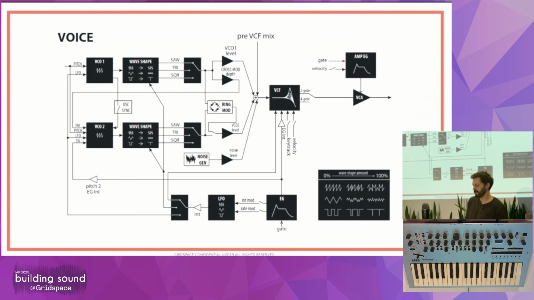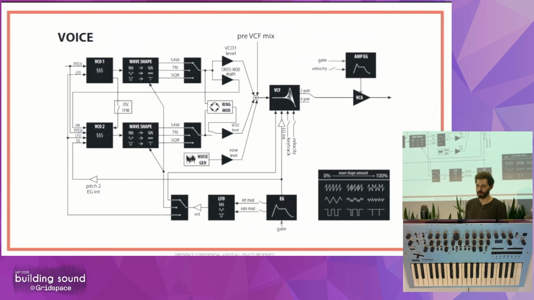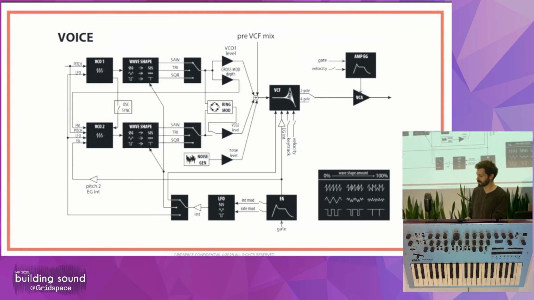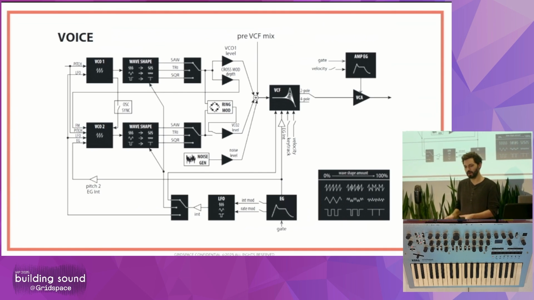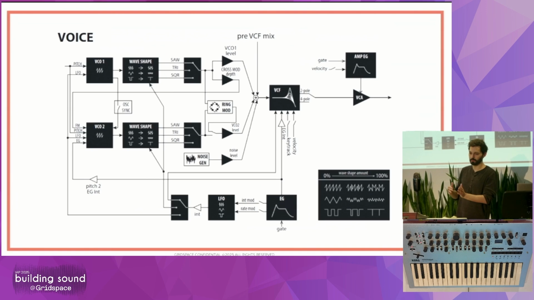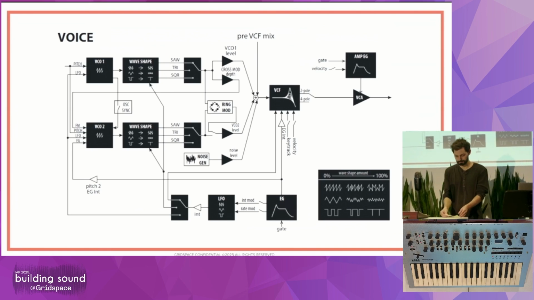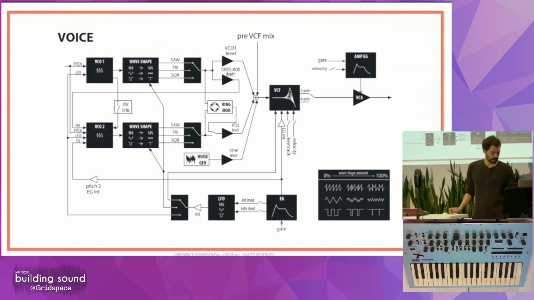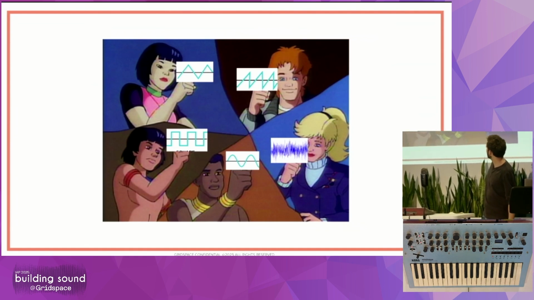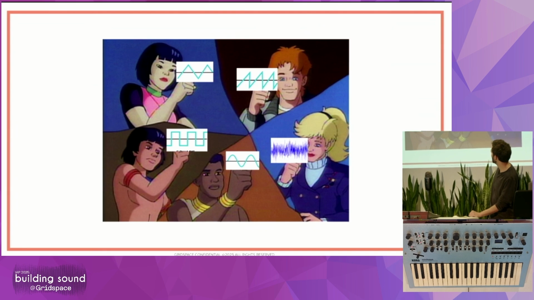The reason you do that is to create more interesting harmonic richness to the sound before it gets filtered. Because once you've generated that tone, you're just amplifying or reducing different parts of the harmonic spectrum. All right. So these are our basic building blocks on this synthesizer that we can use to create sound.